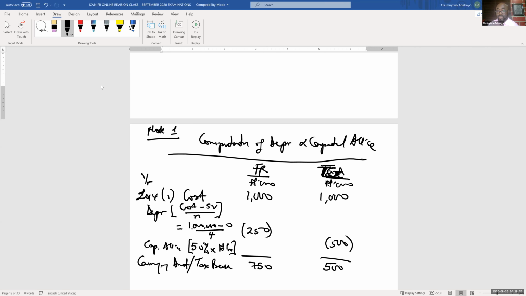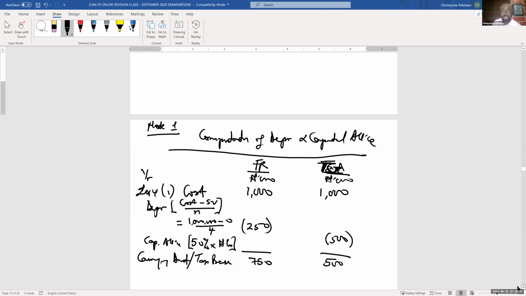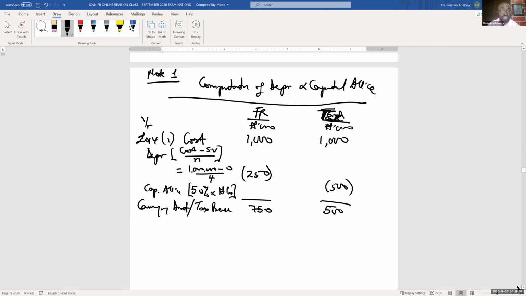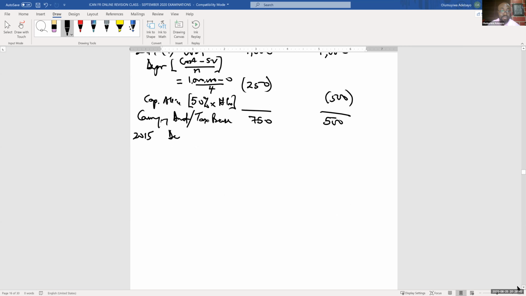Okay, I'll quickly do that for the other years so that I can feed the result or output into other aspects of the solution. Now, I repeat the same thing for 2015. My depreciation, since it's straight line, remains the same at 250.